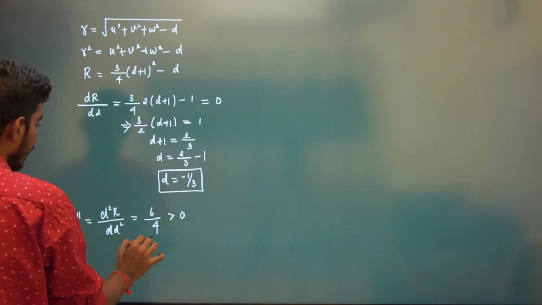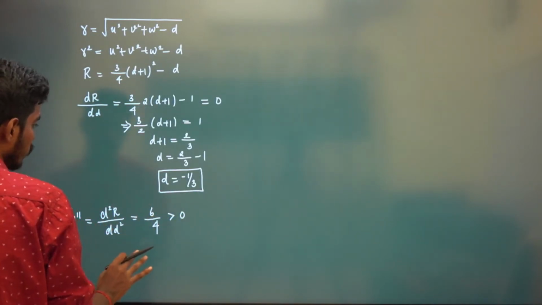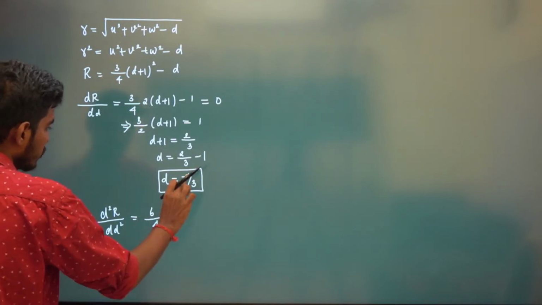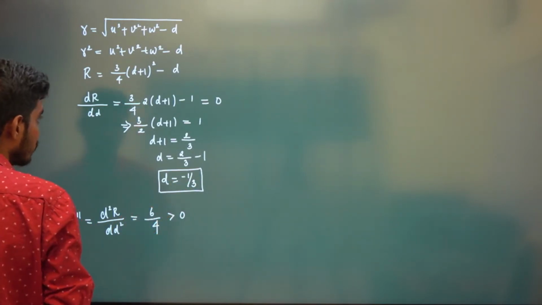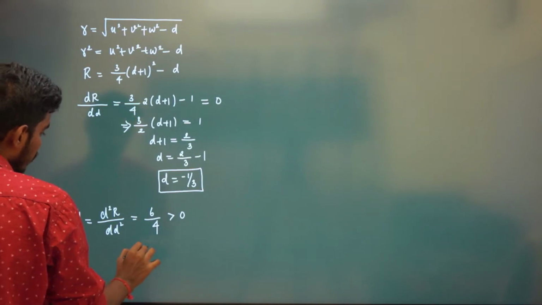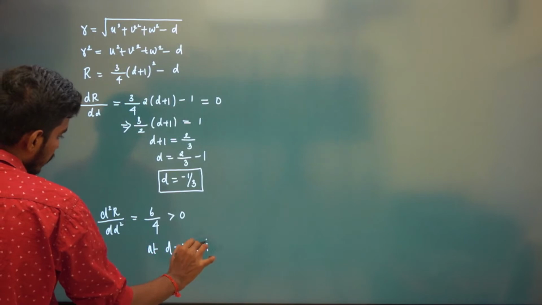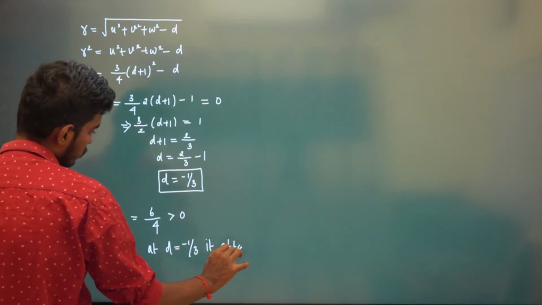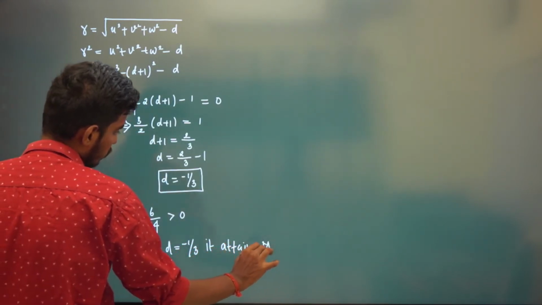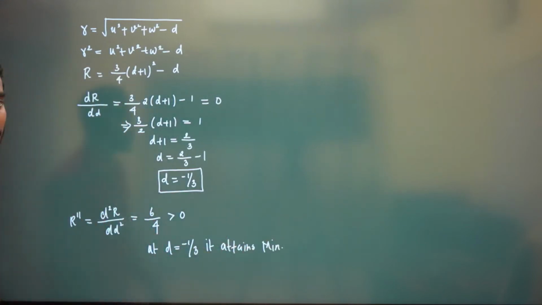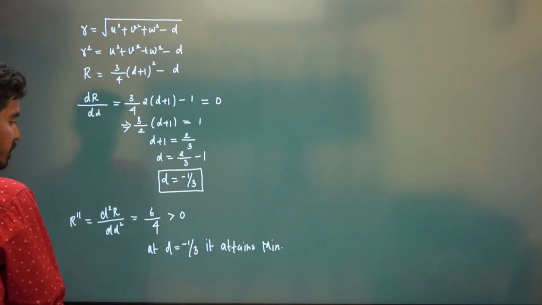This does not depend upon d, so it is always greater than 0. If it were some expression in d, you would substitute here, but it is always greater than 0 only. So at d equal to minus 1 by 3, it attains the minimum. So d will take the value minus 1 by 3. That's it. Is it clear?